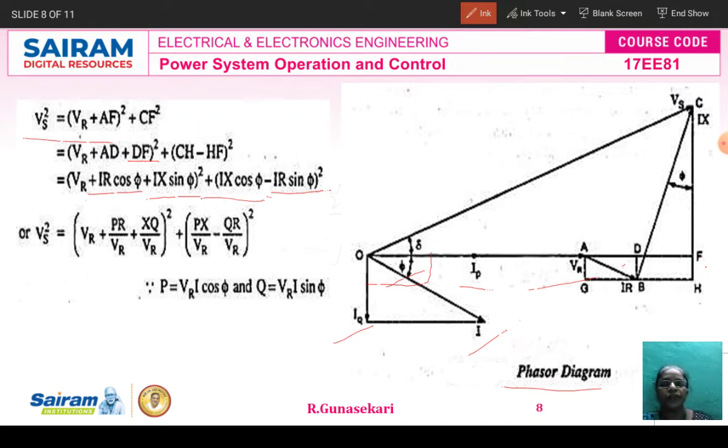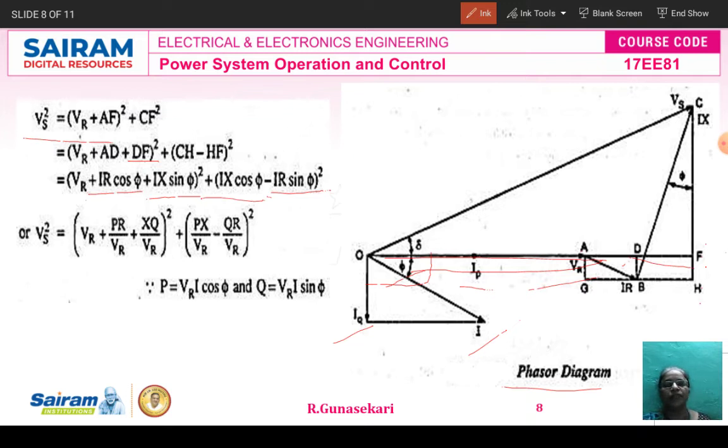So from the vector diagram, Vs squared equals (VR plus AF) squared plus CF squared, that is, (VR plus AD plus DF) the whole squared plus (CH minus HF) the whole squared equals Vs squared.